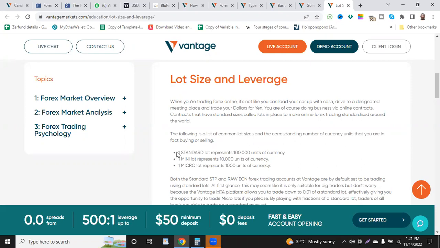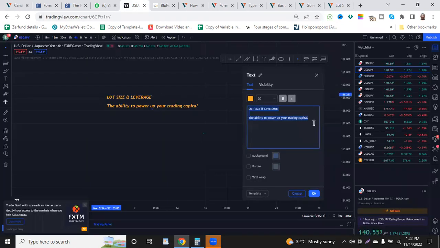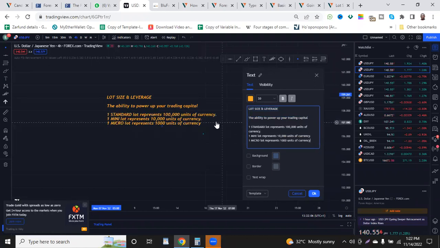So there are three different types of lots. I'll copy this and put it there so that I can explain it better. There is the standard lot, the mini lot, and the micro lot.